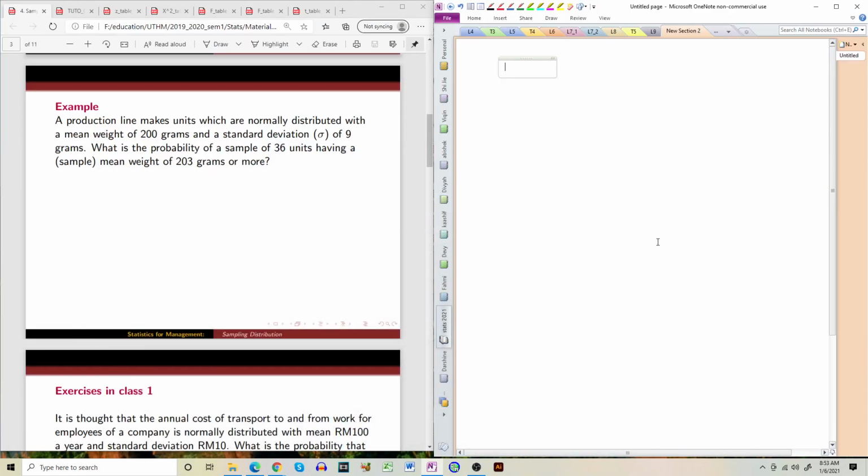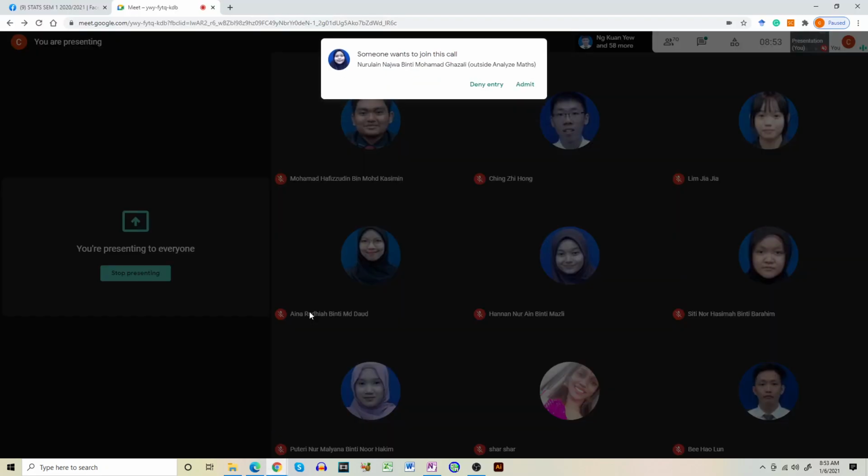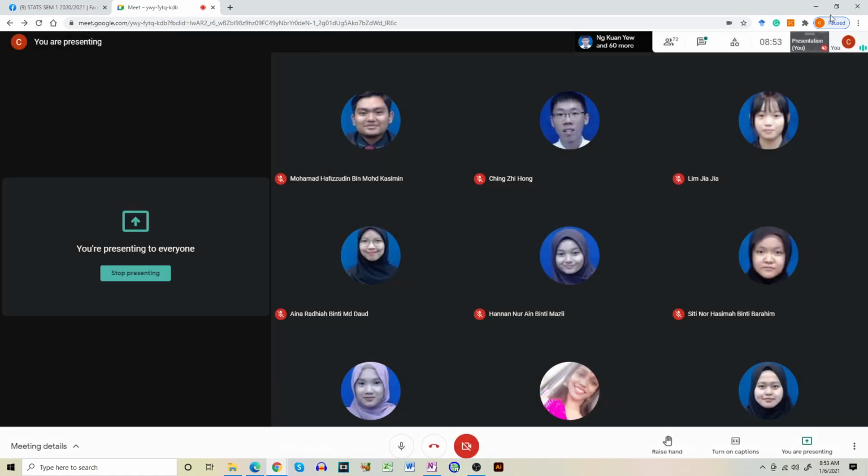the first example in normal distribution, the previous one, we don't have any sample size. We don't simply pick any sample.